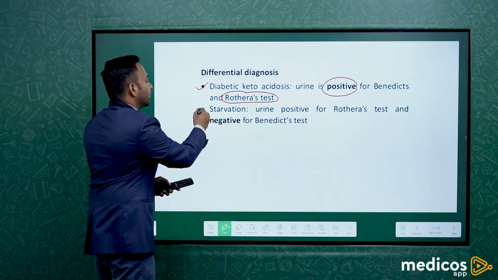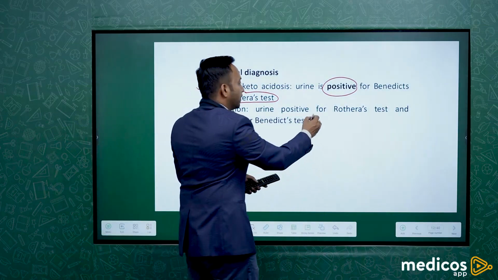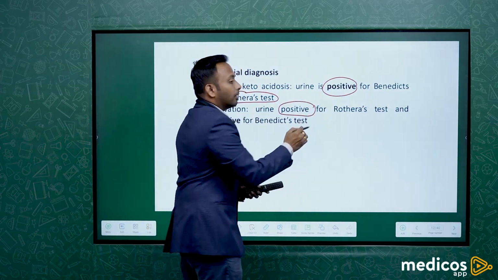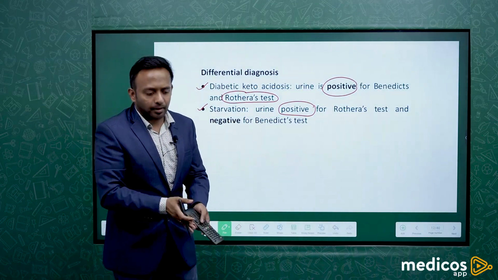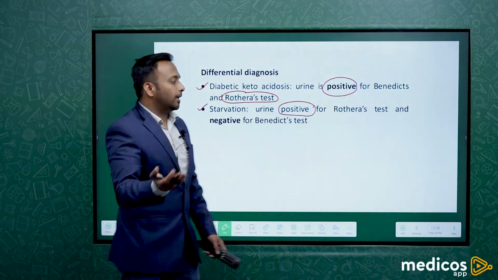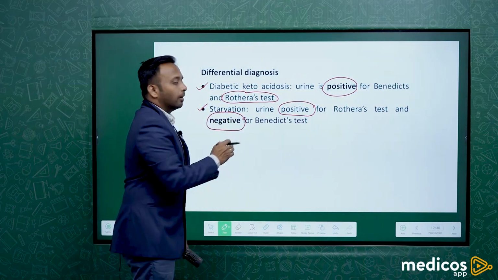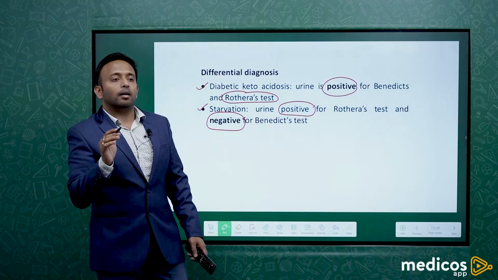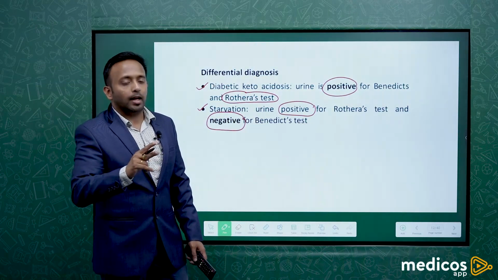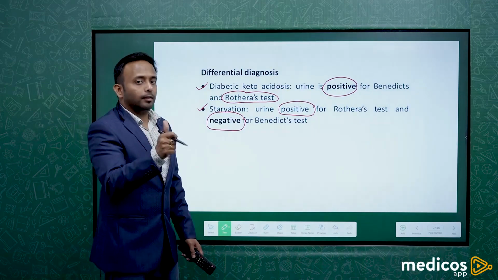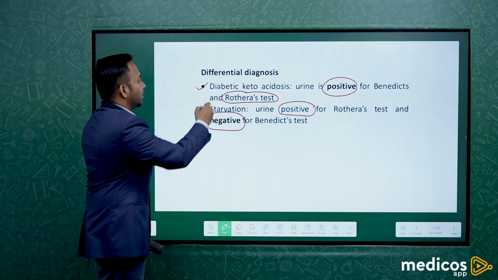When you see the patient with starvation, urine test for Rothera, that is ketone bodies, will definitely be positive, but because the person is in starvation, already in a hypoglycemic state, there is less amount of glucose. So, do you think it will be excreted in the urine? No. So, you will see negative for the Benedict test. So, whenever the patient comes with ketosis, when you do urine testing for glucose and for ketone, Benedict's test and Rothera's test are both positive in DKA.